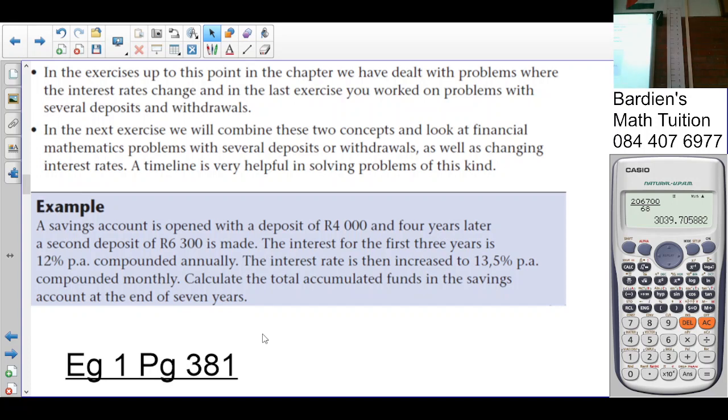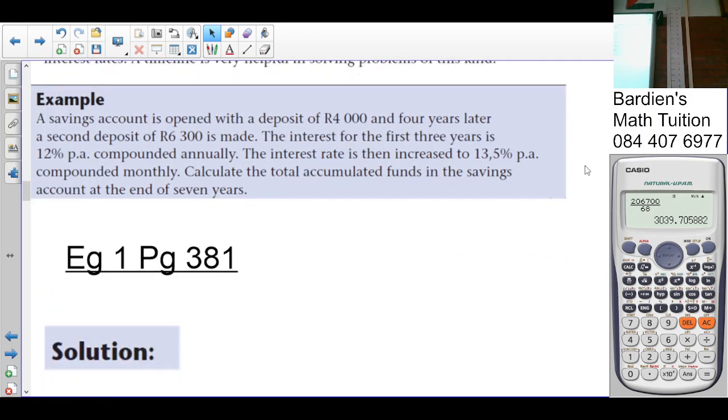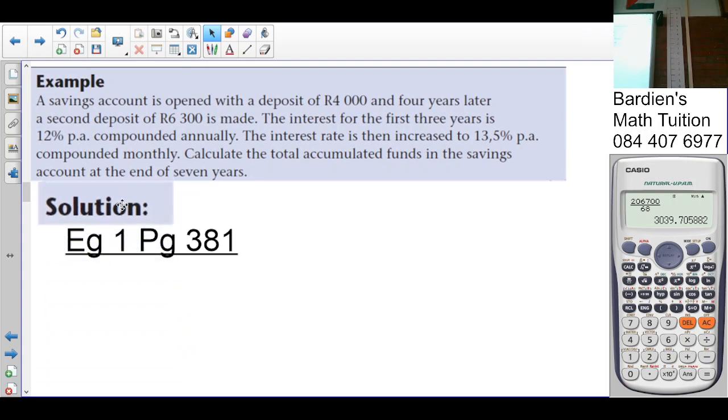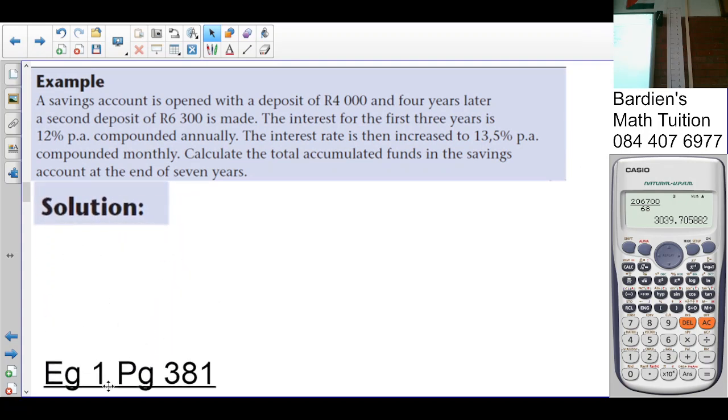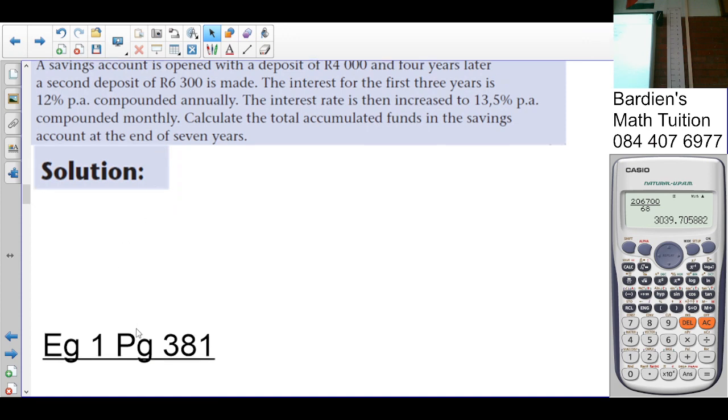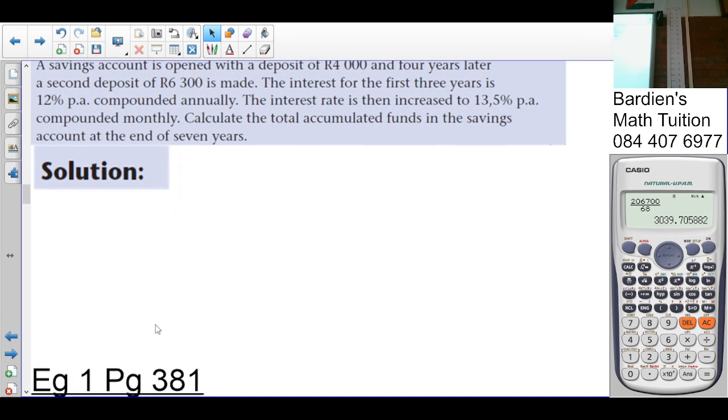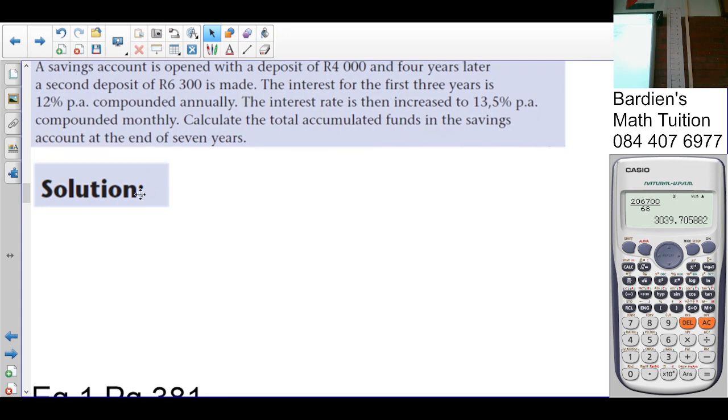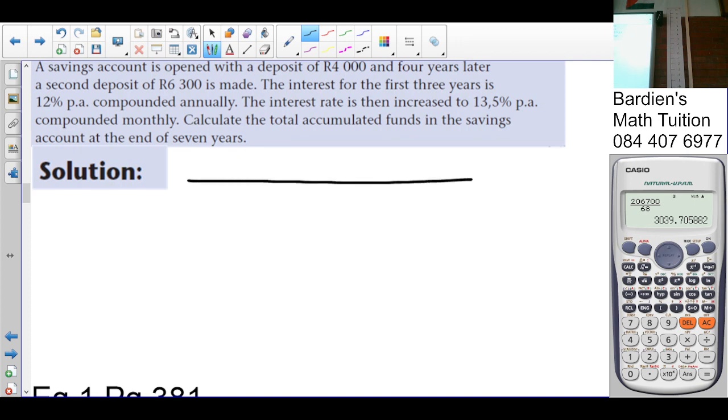As I said, we have dealt with timelines, and sometimes it was not necessary to draw the timeline, but we drew it so that we can familiarize ourselves with setting up a timeline. So in example 1, on page 381, we are told that the savings account is opened with a deposit of 4,000 Rand. So here we'll start at T0.